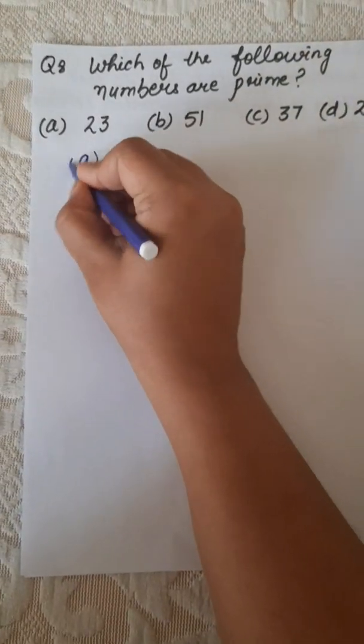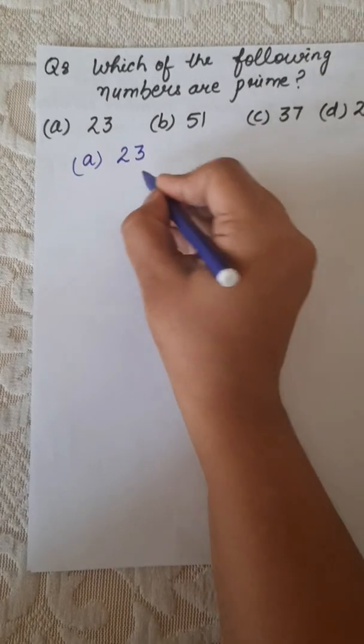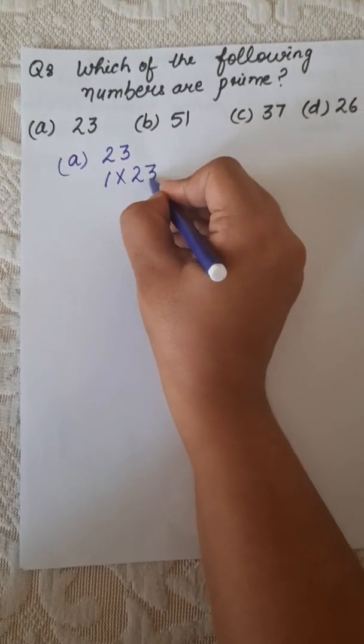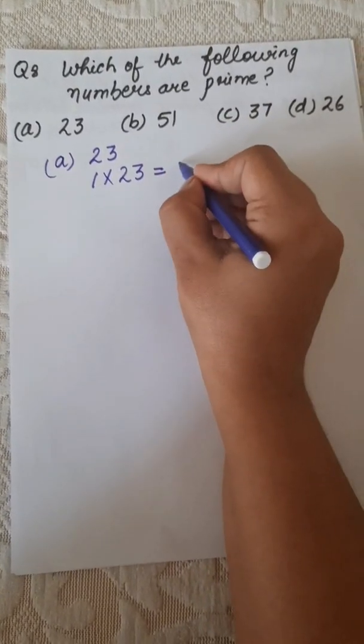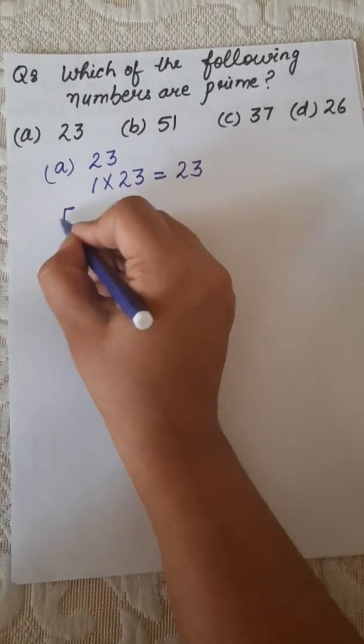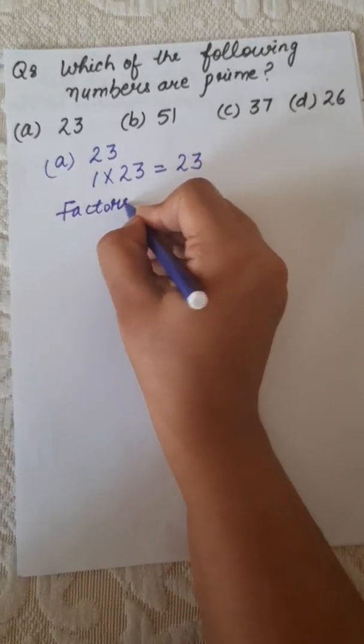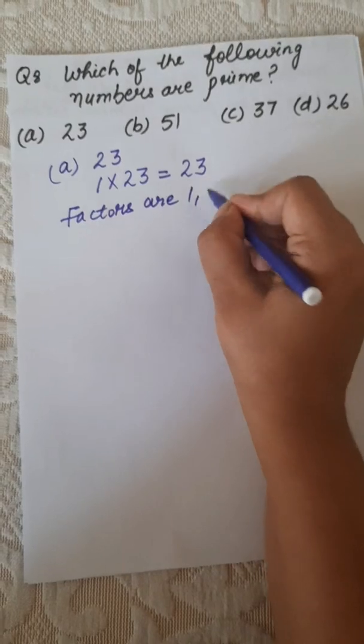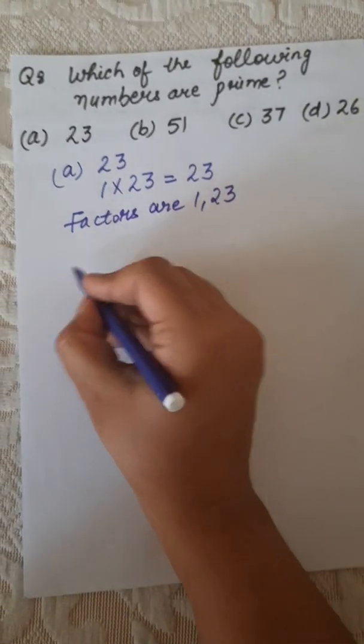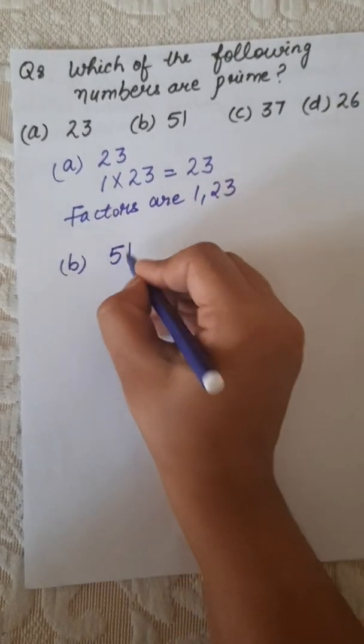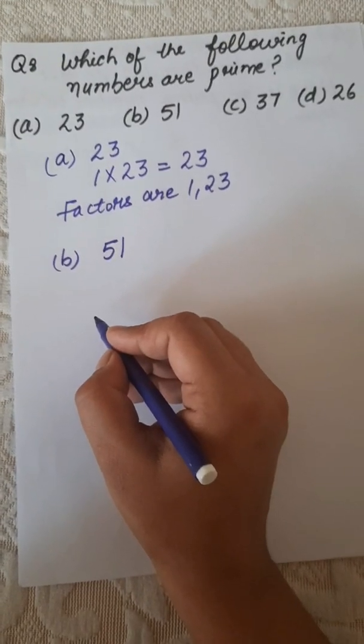So let's start here. 23, write down the factors of 23. Here the factors of 23: 1 multiplied by 23. Here the factors are 1 and 23 itself. Next we have 51. Let's write the factors of 51.